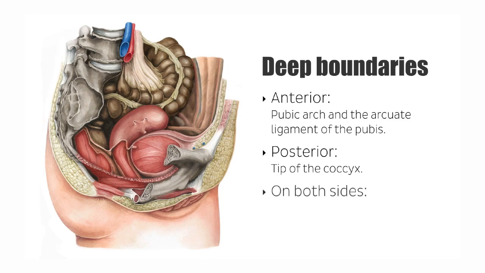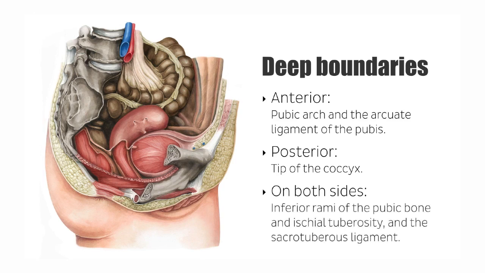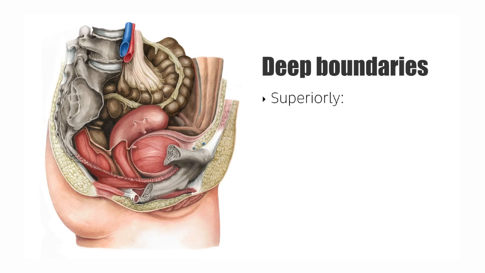And on both sides, we're going to see the inferior rami of the pubis, the ischial tuberosity, and also the sacrotuberous ligament. Superiorly, as I mentioned before, the deep boundary of the perineum is going to be the pelvic floor or the pelvic diaphragm. And inferiorly, we're going to be seeing skin and fascia.